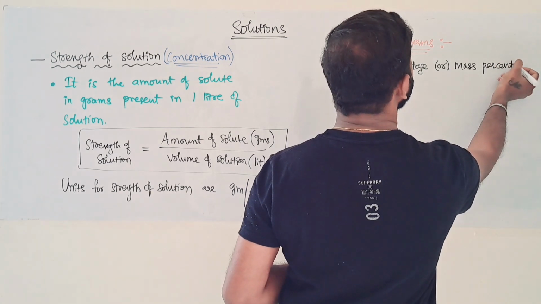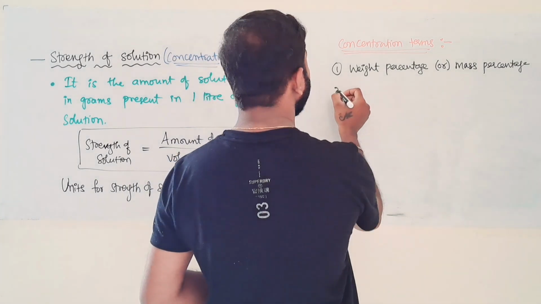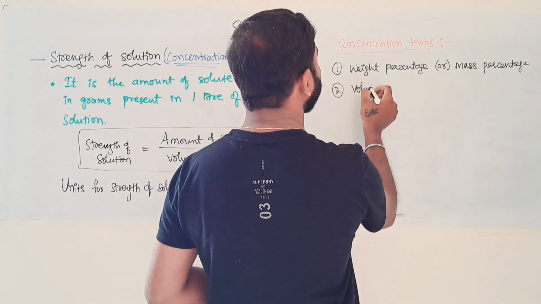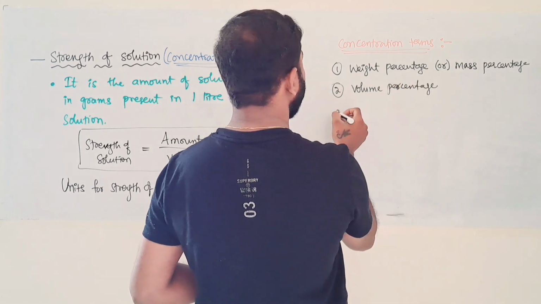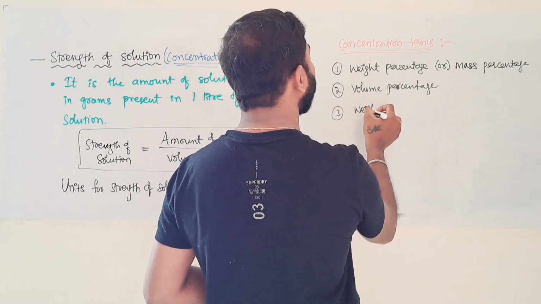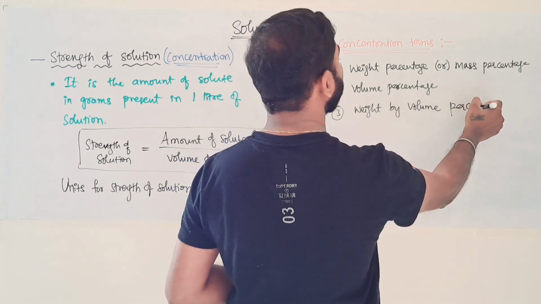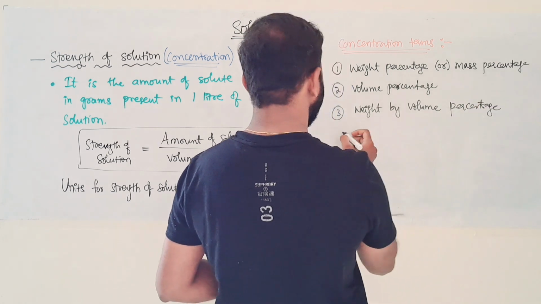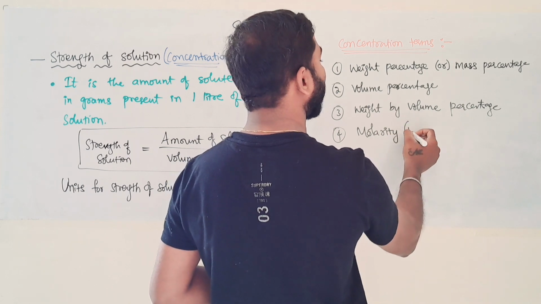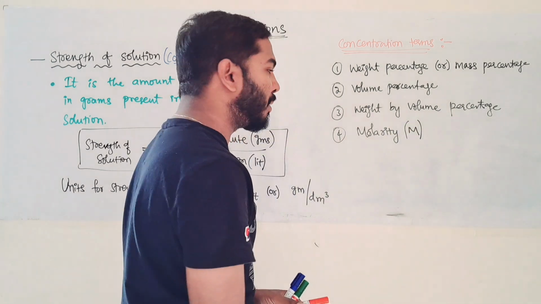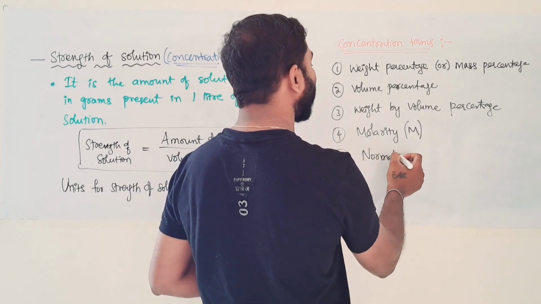In a few books they give weight percentage, and in a few books they give mass percentage. The next one is volume percentage, and then weight by volume percentage. Then we start with the very important one, that is molarity, which we generally represent with capital M. Later we will go with normality.